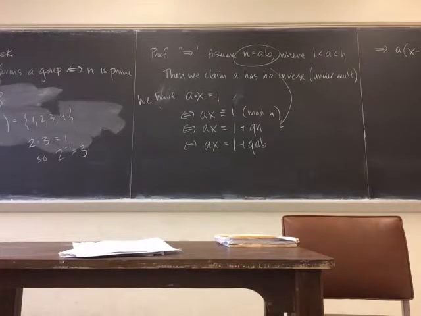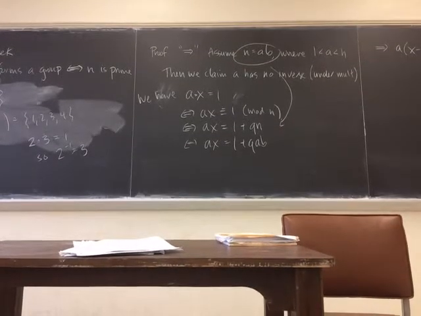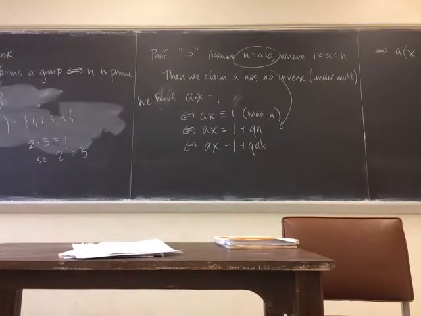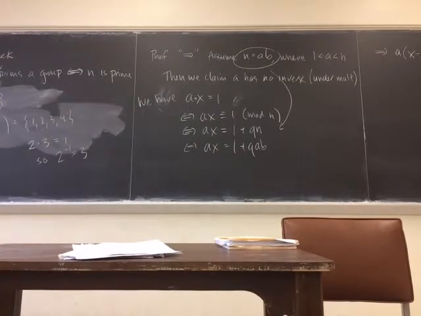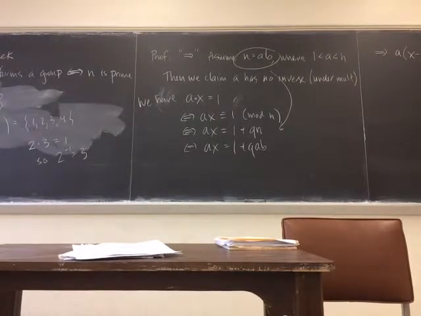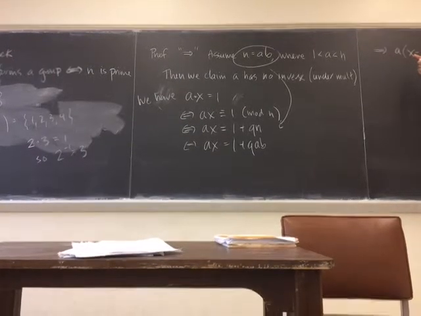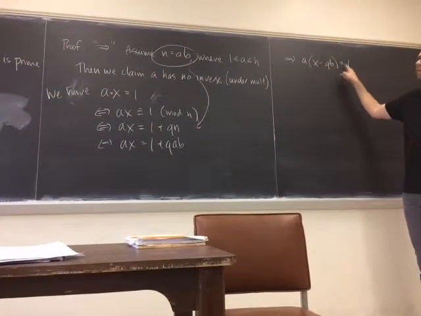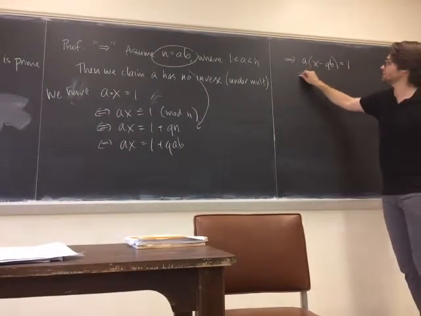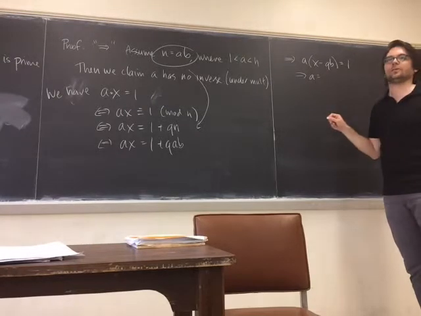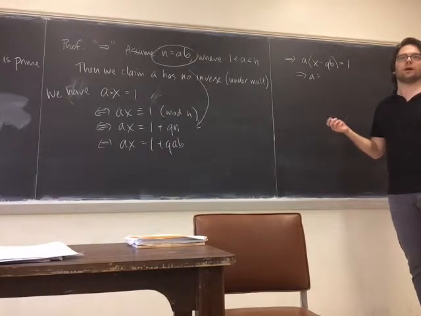Now what's the problem? Everything in sight is an integer. You've got an integer times an integer is 1. So what does a have to be? There are two choices: 1 or minus 1.